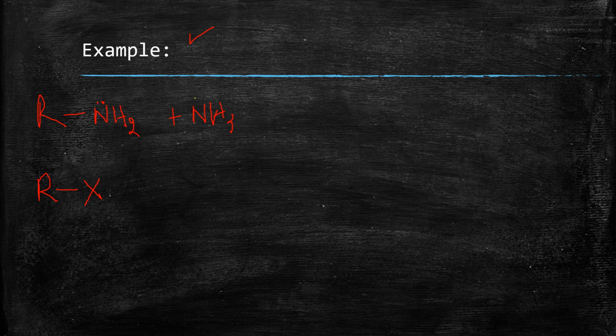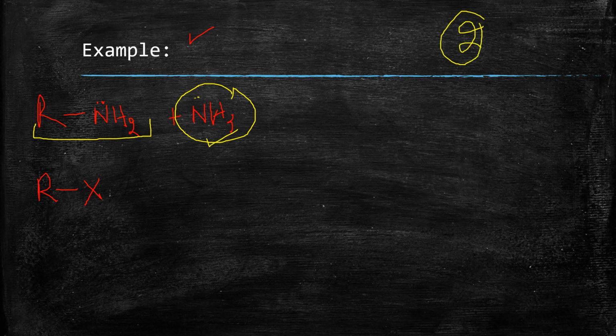Now what happens is that this ammonia is less basic than this amine, which you might know from the previous lecture which I have given on the basicity of amines, right? So this is less basic. So now this will be attacking this R, right? As a result of which this will get released, and what we would get is this R being added to this amine.